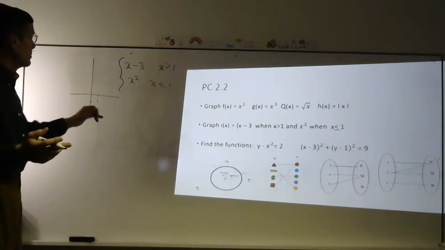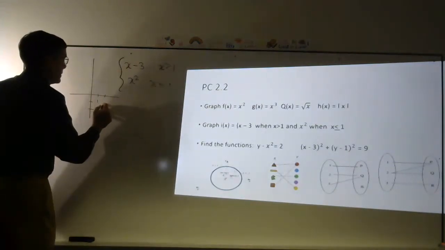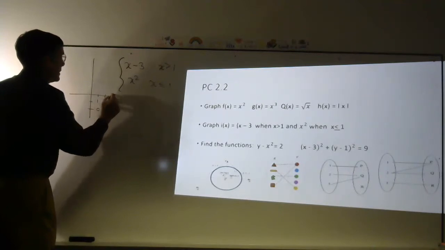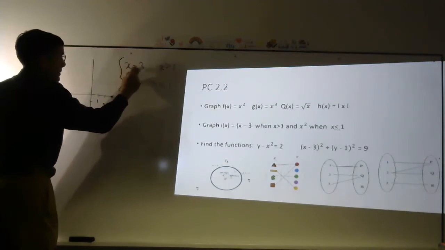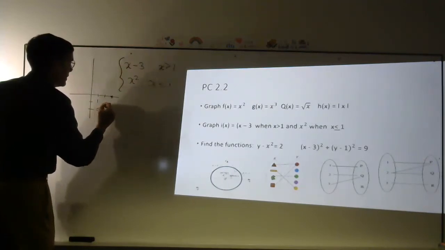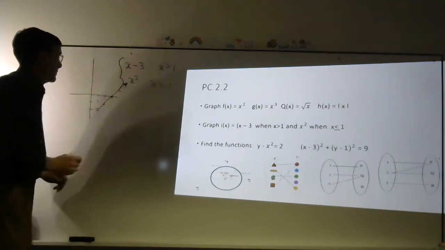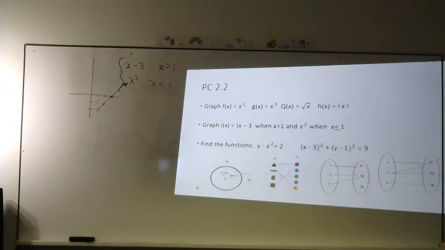Now, when I'm bigger than 1, like 2, 2 is going to go to -1. 3 is going to go to 0. See what I'm doing? I'm sticking it in only here because I'm bigger than 1. So starting at the open circle, it is linear, and it is going up like that. Okay? Everybody see that? All right?